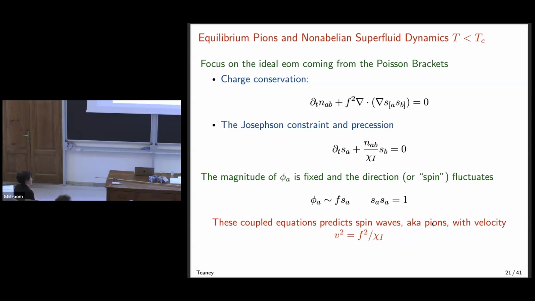Basically this is the hydrodynamic non-abelian superfluid theory, involving just the phase and the conserved charges. You can solve these equations by linearizing, and they predict spin waves which propagate with speed f squared over chi I.